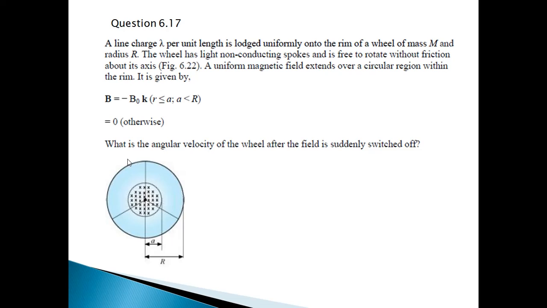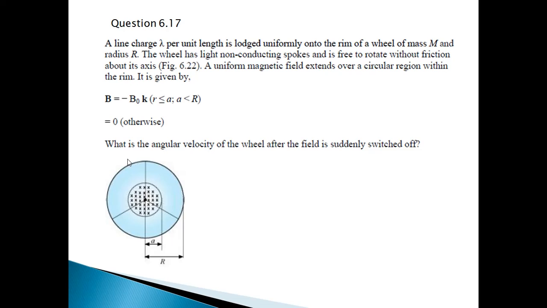It is given by vector B equal to minus B0 K vector, where R is less than or equal to A, where A is less than the radius R, and equal to 0 otherwise. What is the angular velocity of the wheel after the field is suddenly switched off?